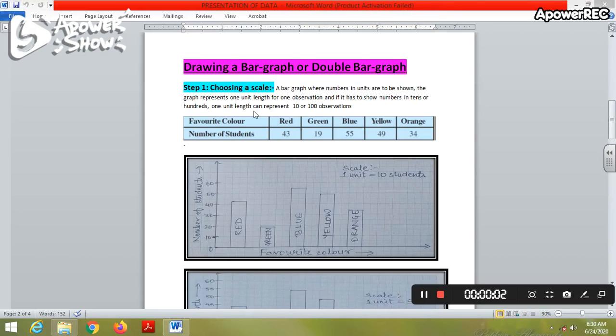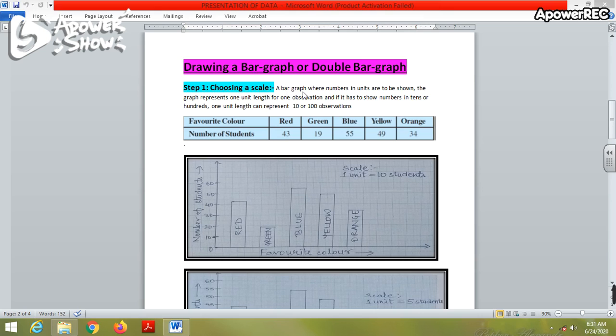Now, let's move on to the second step of presentation of data, that is drawing a bar graph or a double bar graph. Before drawing a bar graph or a double bar graph, you have to select a suitable scale. So the first step of drawing any graph is choosing a scale.